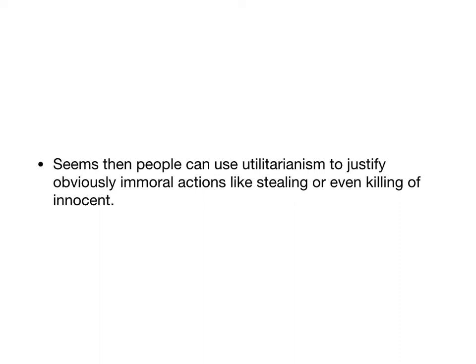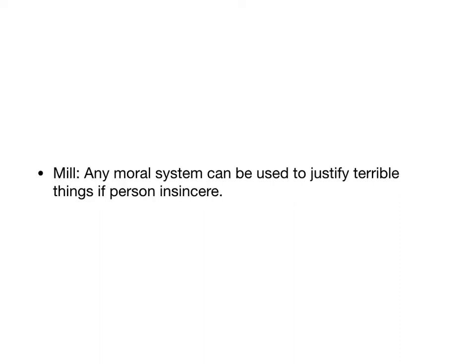So what does Mill say about this? Mill will say any moral system can be used to justify terrible things if the person is insincere, right? Think of Christianity and love your neighbor as yourself.